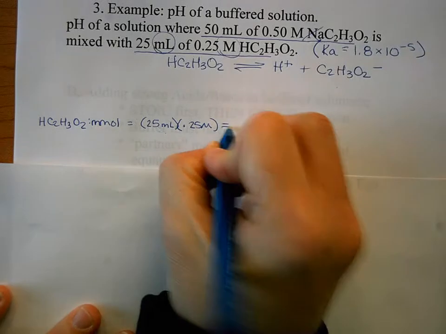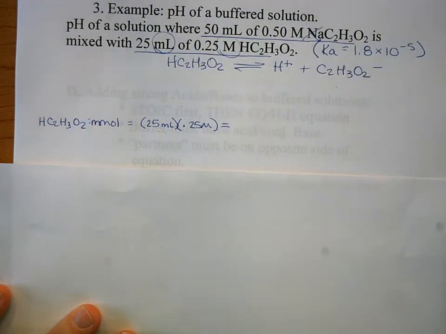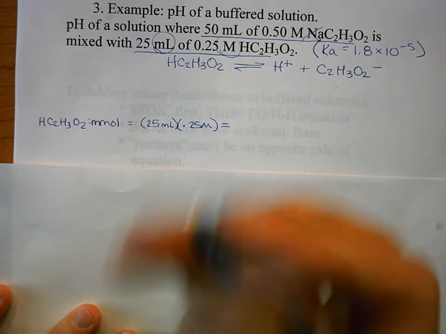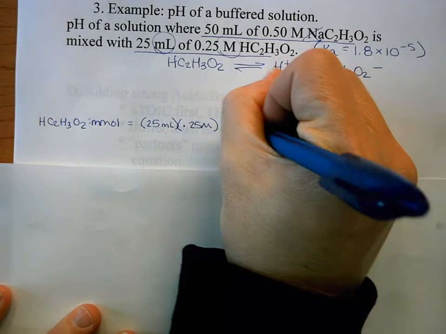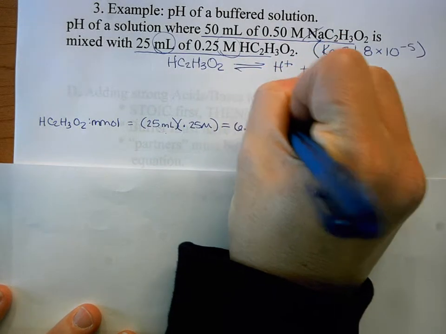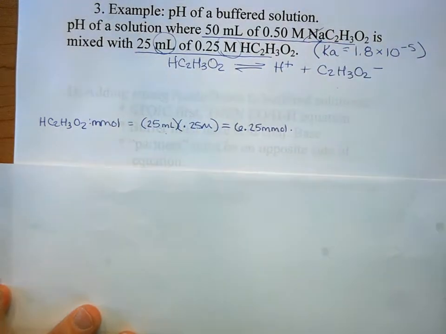So I can just multiply those together. That gives me 6.25 millimoles of acetic acid.